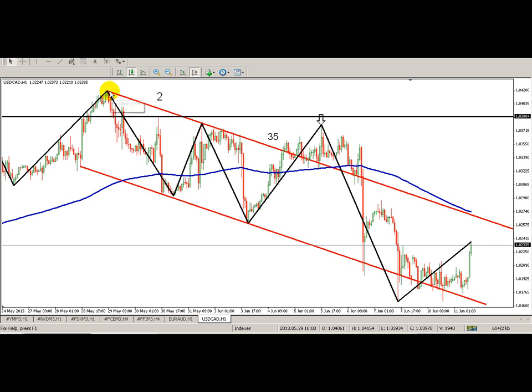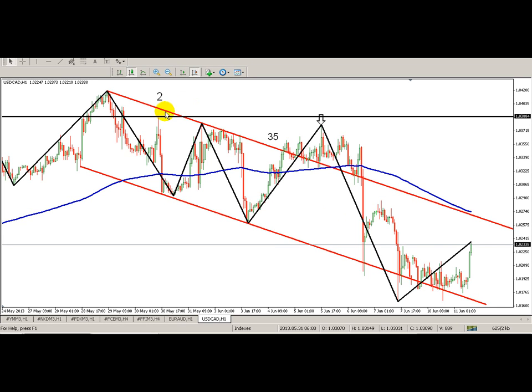So the potential was that I had about a 35 point stop for a potential target of 140 points, which is about a 3 to 1 risk to reward trade. So that's a very good risk reward level, and that's why that trade appealed to me.